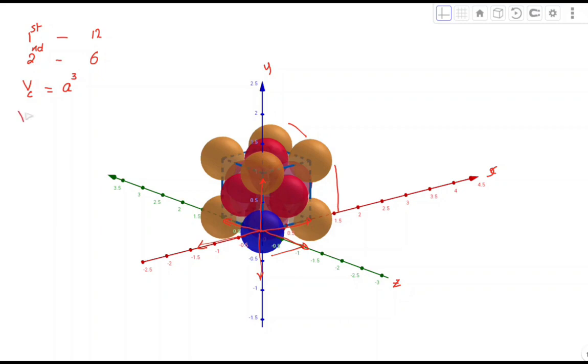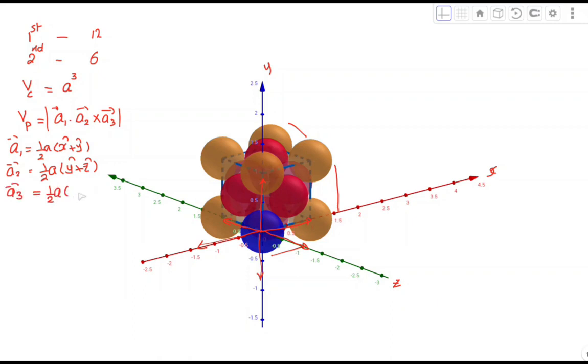And the volume of the primitive cell is equal to A1 dot A2 cross A3, in such a way that A1 equals half A (x hat plus y hat), and A2 equals half A (y hat plus z hat), and A3 equals half A (z hat plus x hat).